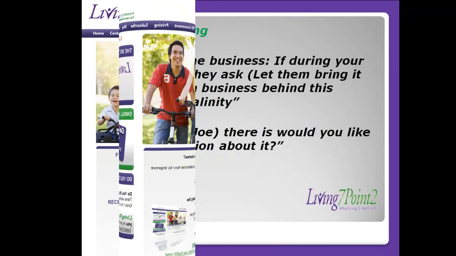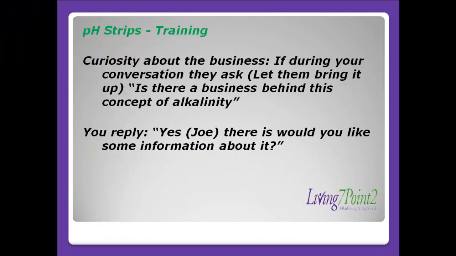The other situation that will develop is a curiosity about your business. If during your discussions they ask, and let them ask, don't you bring it up, "Is there a business behind this concept of alkalinity?" You simply say, "Yes, Joe, there is. Would you like some information about it?"